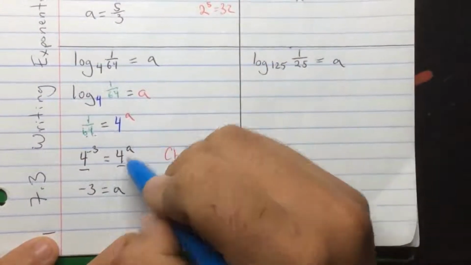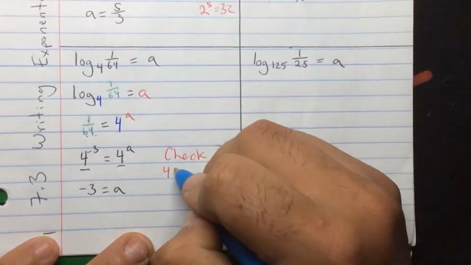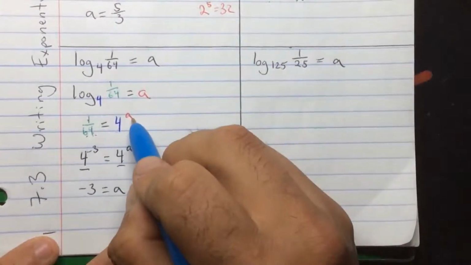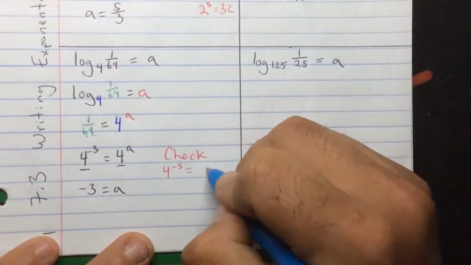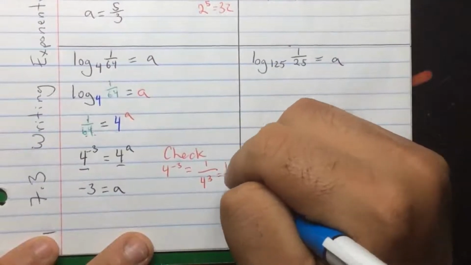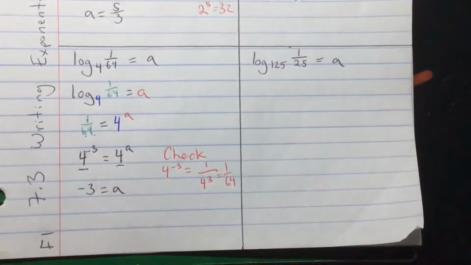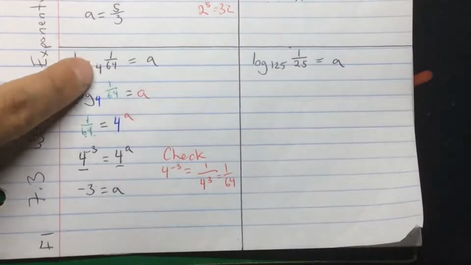Since we didn't have to reduce anything, this is just going to be 4 to the negative 3, because we're substituting the a here. We know this for a fact ends up being 1 over 4 to the third, which ends up being 1 over 64, which is what our x was over here.